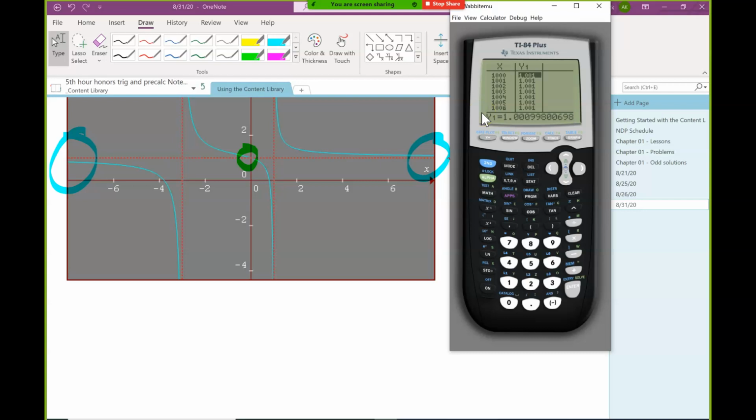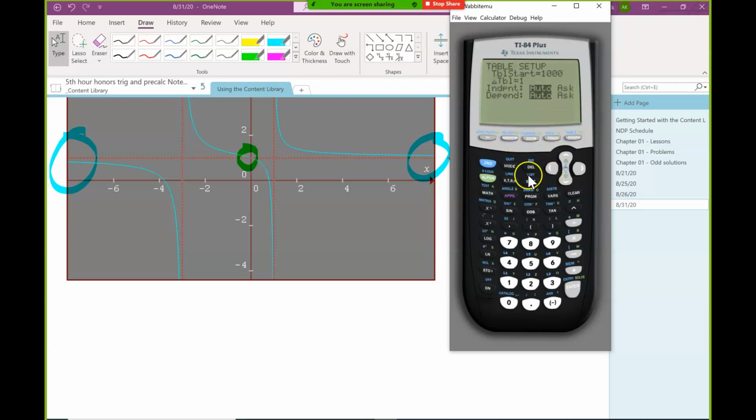Now that doesn't prove that it's never going to cross, but that's some pretty compelling evidence that it's not going to cross, right? And enough evidence certainly for a class like this, where you can just pull some large values of x and show that the graph is still doing what we said it was going to do.